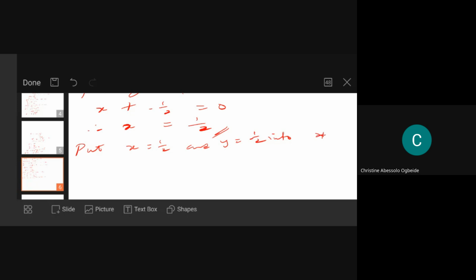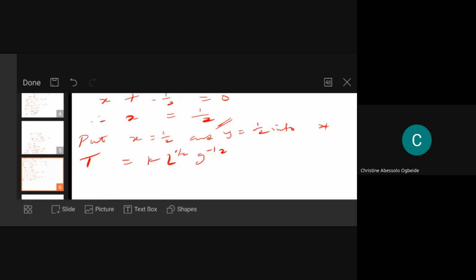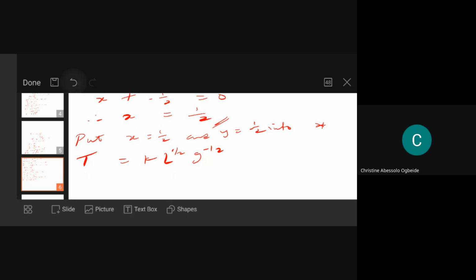And if I do that, equation star says that the period T is equal to K L raised to power X, which is L raised to power half, and then G raised to power minus half. You see that? Because G is the acceleration due to gravity.